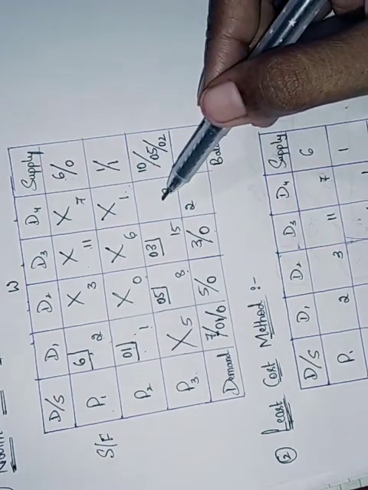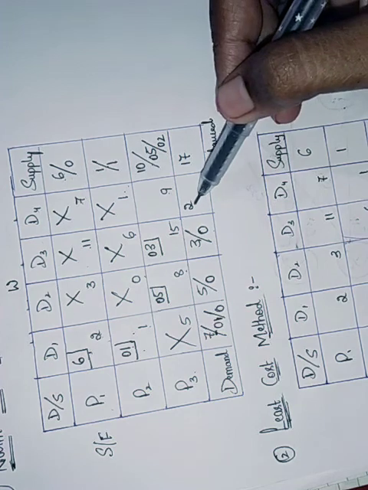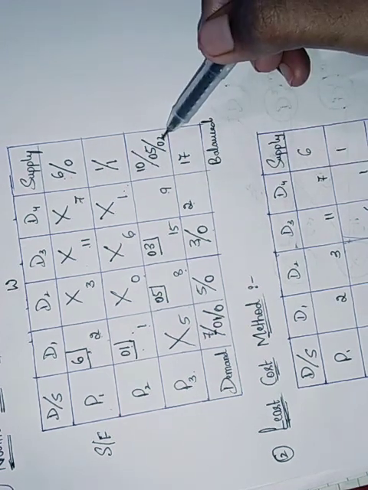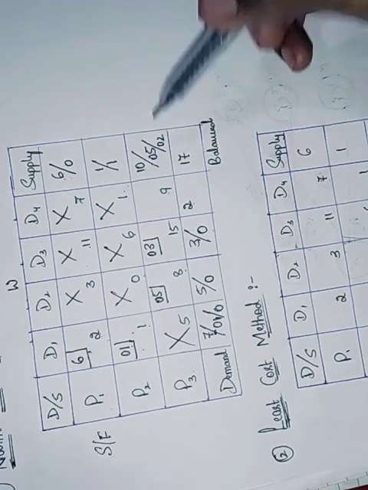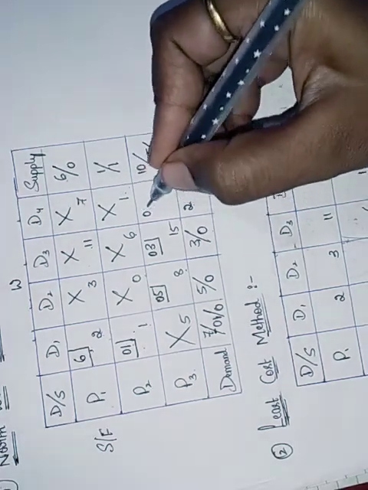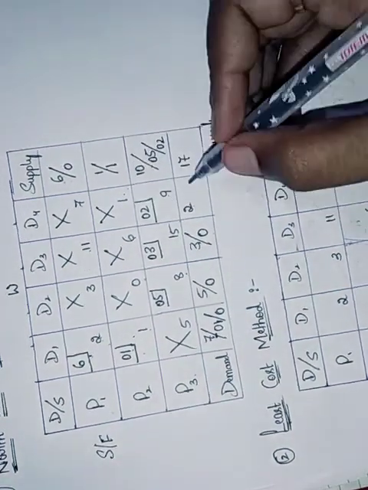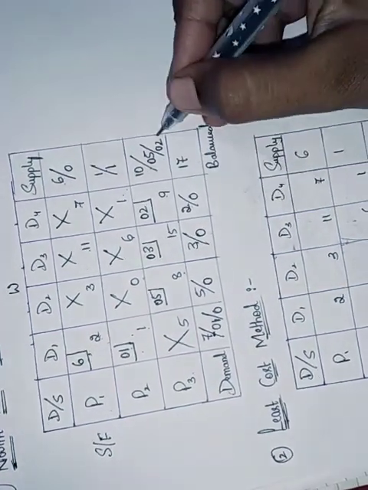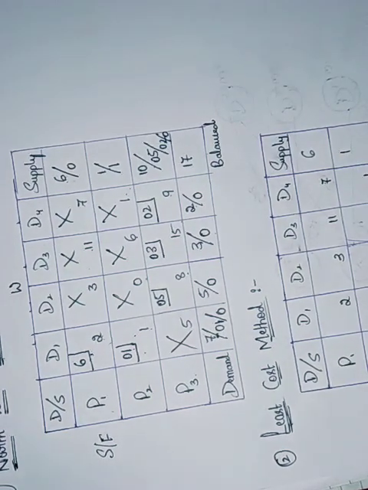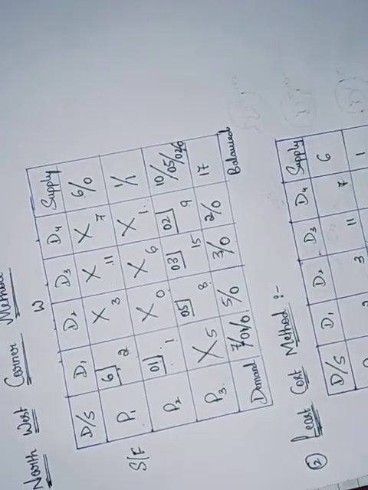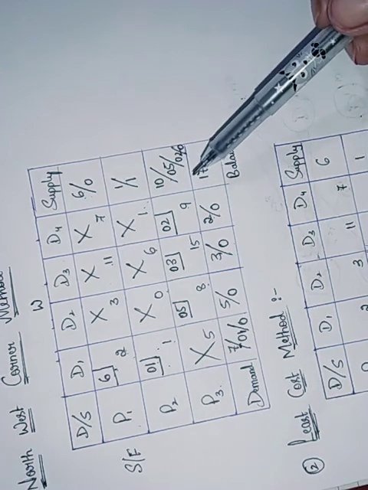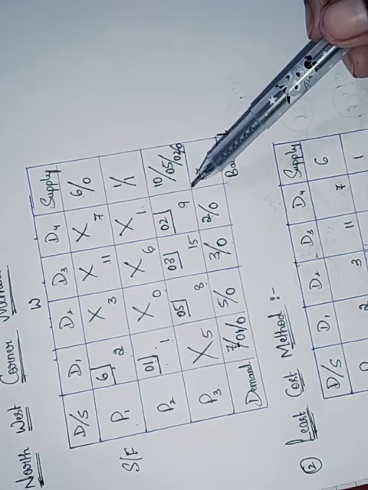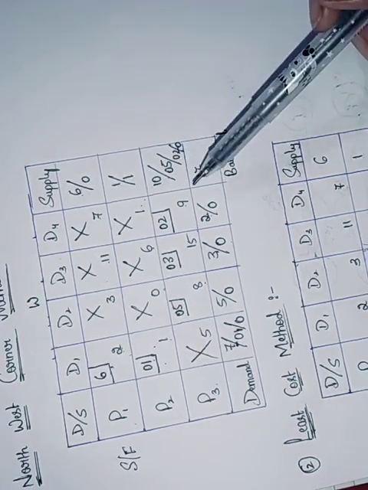And at the last remaining cell, we have 2 units of demand and 2 units of supply. Demand and supply are equal, so I can allocate 2 units, wherein demand reduces to 0 and supply also reduces to 0. This is how we allocate the units in the northwest corner method.